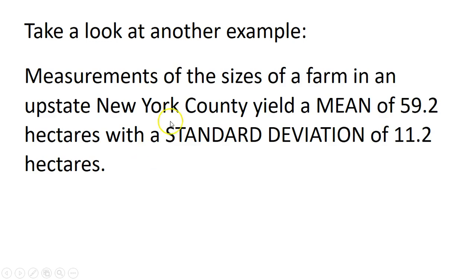So if we take a look at an example, measurements of the sizes of farms in an upstate New York county yield a mean of 59.2 hectares with a standard deviation of 11.2, right?